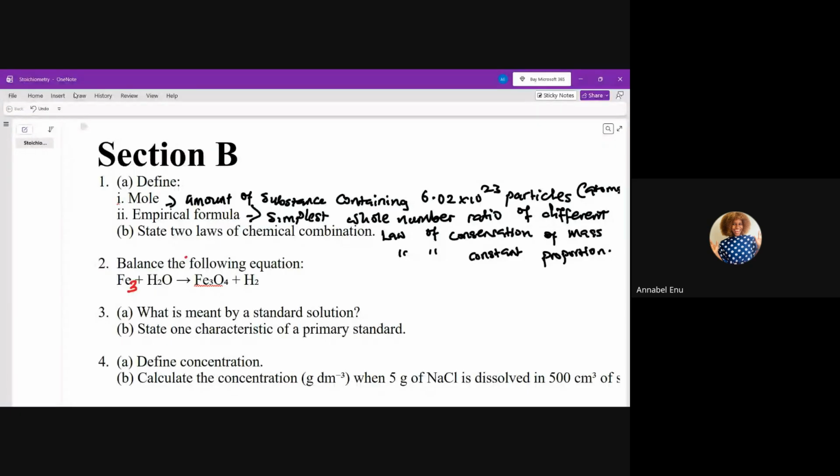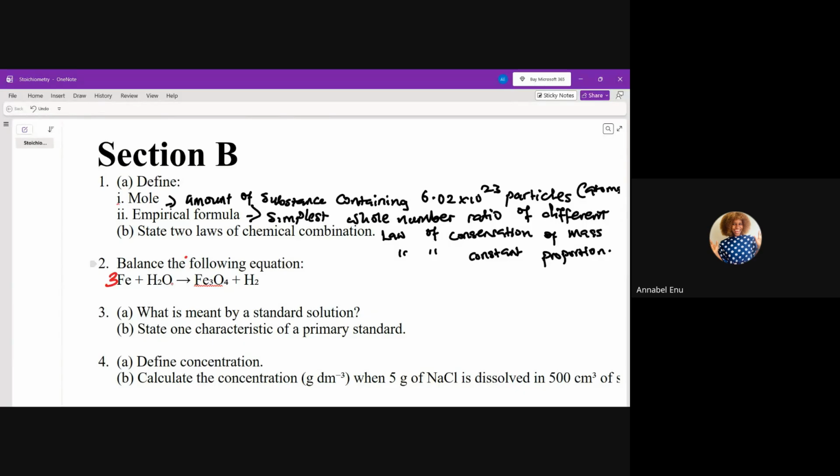So to balance the iron, what we would do is to write 3 iron here. Now our iron is balanced. How about hydrogen? We have 2 hydrogen here and 2 also in the product, so our hydrogen is also balanced. But our oxygen is 4 in the product, but just 1 in the reactant.